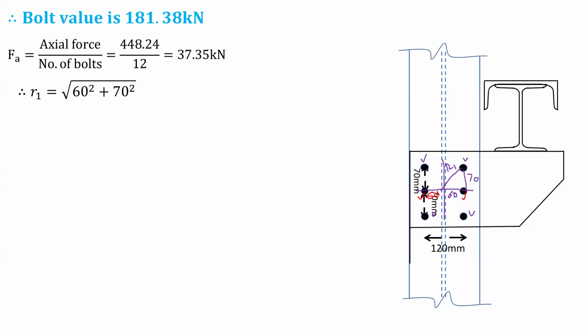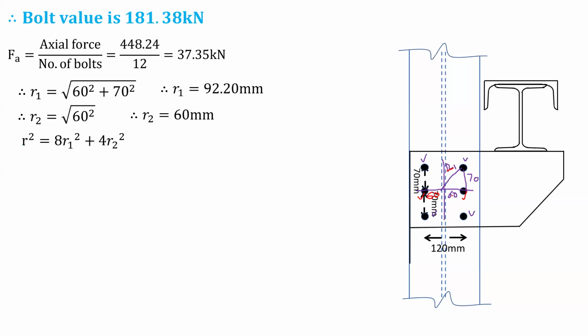calculate first FB for 12 bolts. R1, as I just mentioned, we have this value of R1: 70 square plus 60 square. This comes to 92.20, and 8 bolts are at 92.2, and 2 bolts are at 60. Sorry, 4 bolts, 2 on this face, 2 on the opposite face. And then we will have R square.